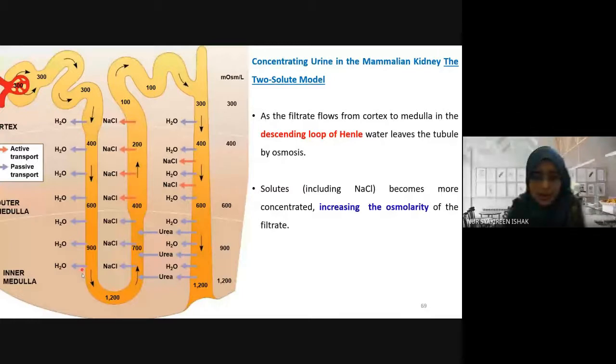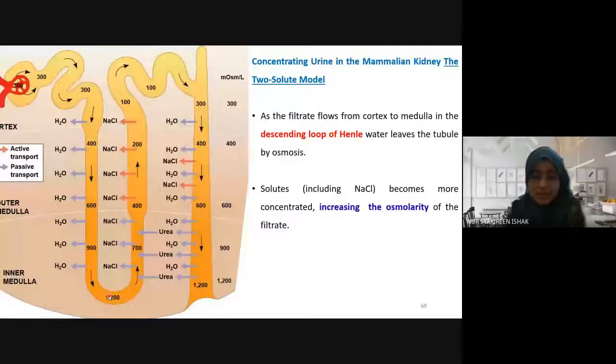So water moves out of the filtrate into the interstitial fluid, into the blood vessels surrounding the loop of Henle. Okay, so as water moves out, the concentration of filtrate nampak kan daripada 300 naik jadi 400, 600, 900, 1200, which is the maximum concentration in the filtrate.